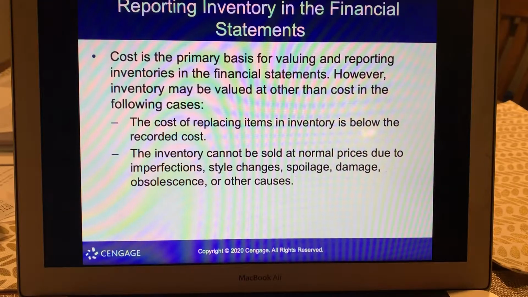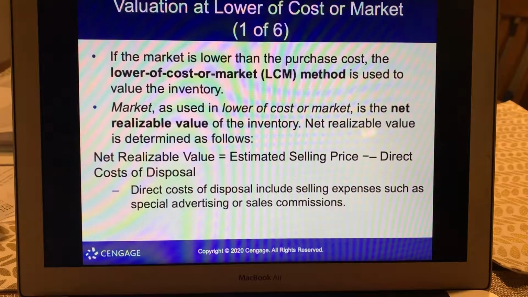However, inventory may be valued at other than cost in the following cases. The cost of replacing items in inventory is below the recorded cost. The inventory cannot be sold at normal prices due to imperfections, style changes, spoilage, damage, obsolescence, or other causes. So LCM, the lower of cost or market, is used to value inventory.